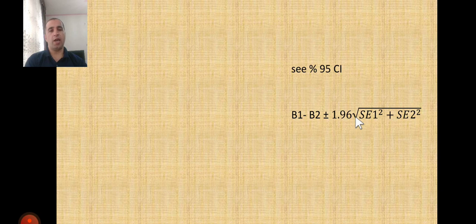After estimating the confidence interval, you can judge whether there is an interaction effect or not. How?